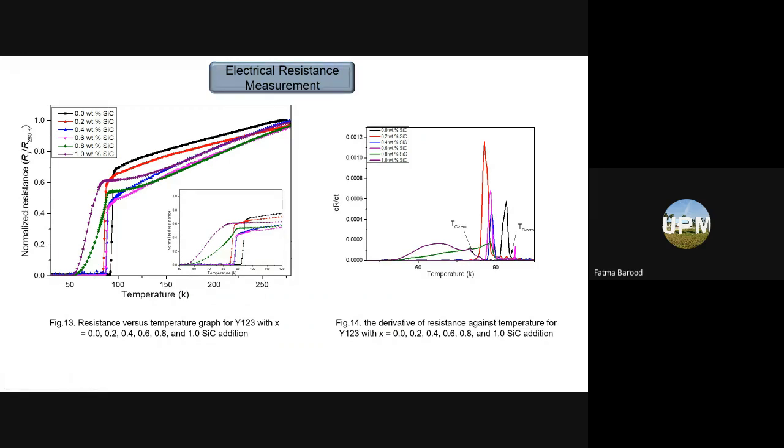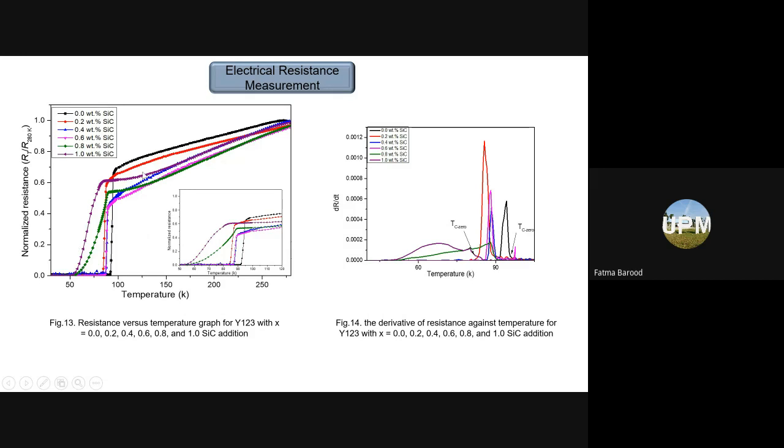This is the electrical resistance measurement for silicon carbide with YBCO addition. As we can see, the pure and silicon carbide added YBCO samples show metallic behavior in the normal state above the TC onset.